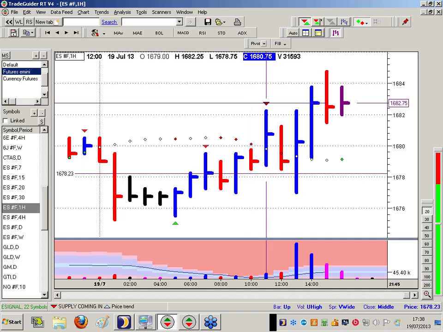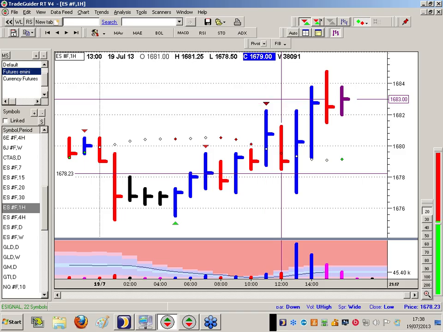Now here it looks like there is some bit of selling going on there, perhaps. Marked it up, blue bar, close in the middle, but the very next bar they mark it down to test it, and it's fallen, it closes just off the low. Look, the volume is not excessive.